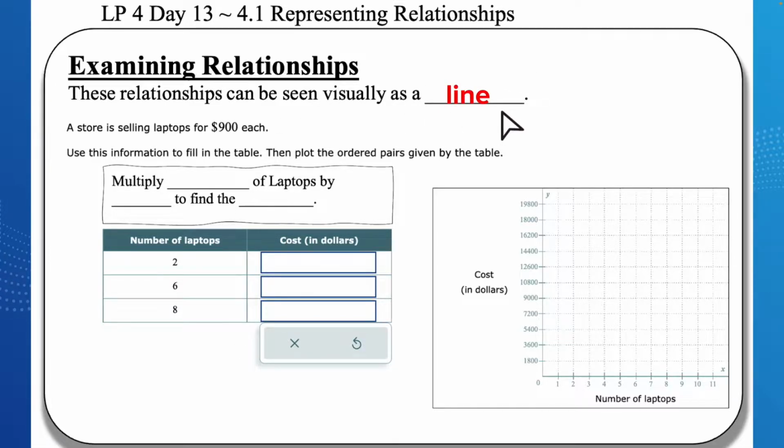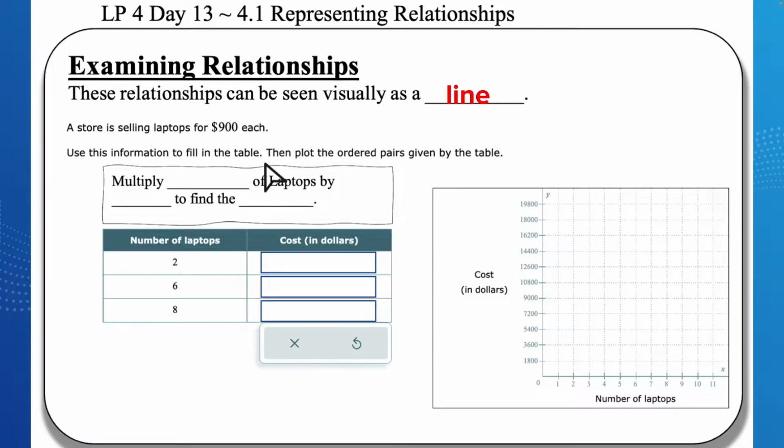Literally, they're a linear relationship. They're going to have some kind of starting point, and they're going to change from that starting point. It's going to increase or decrease by the same amount each period or term or part, however you want to describe that. Usually it's over time, or a number of objects, and it changes the same amount each time.